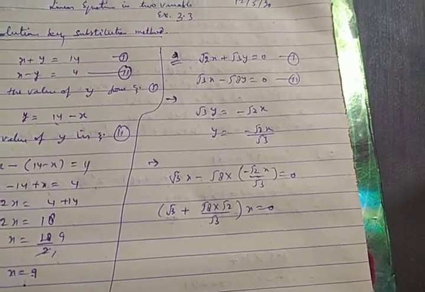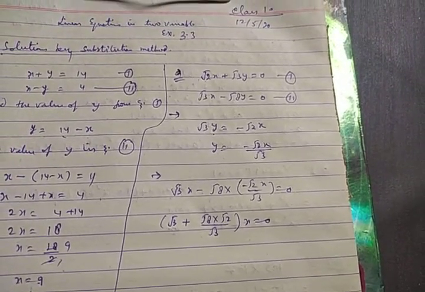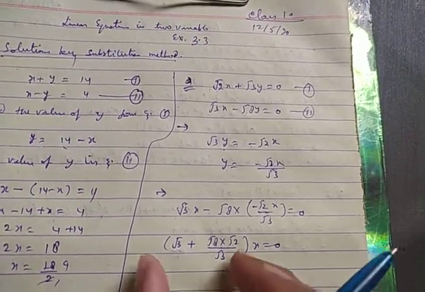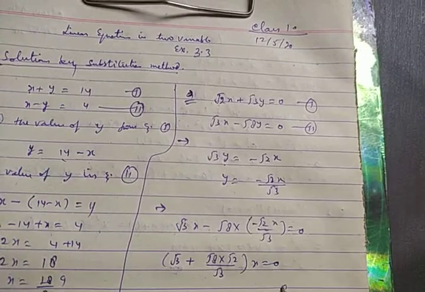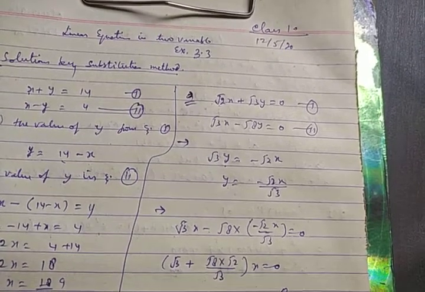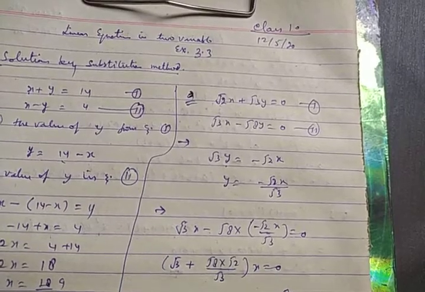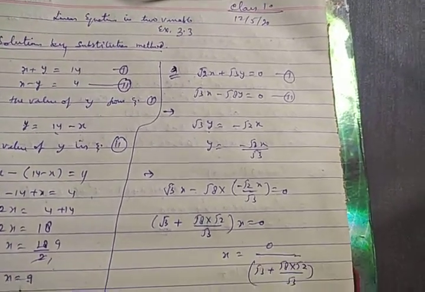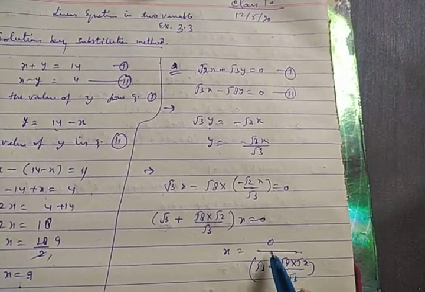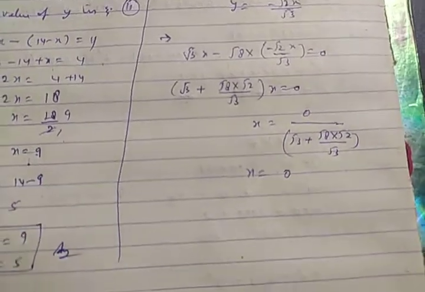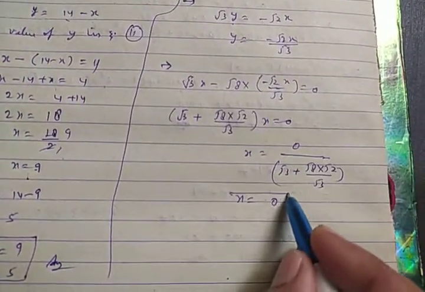Whatever expression comes, let it be as it is. No need to solve this, because when you calculate x, all of this goes into the denominator, meaning 0 upon this bracket. And 0 upon something is 0, you know. If 0 is divided by any quantity, you get 0. This 0 is the value of x.